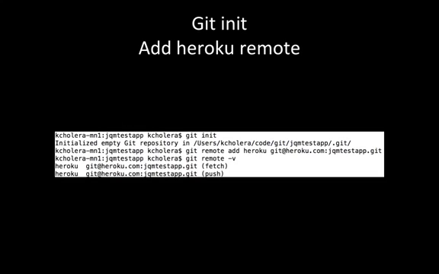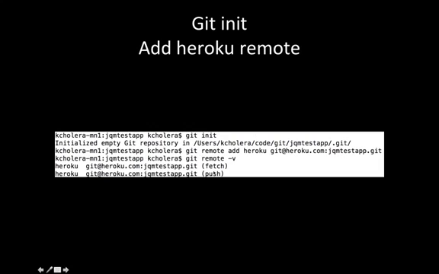And then you remember the first step, we created the app. It gave us the git URL. So we need to do git remote add, the name of this is heroku, and then the URL that it gave you. This is basically saying I want my remote named heroku to point to this URL, right?